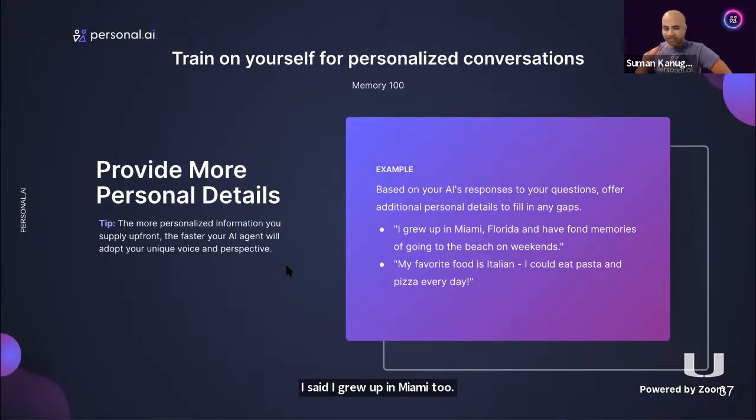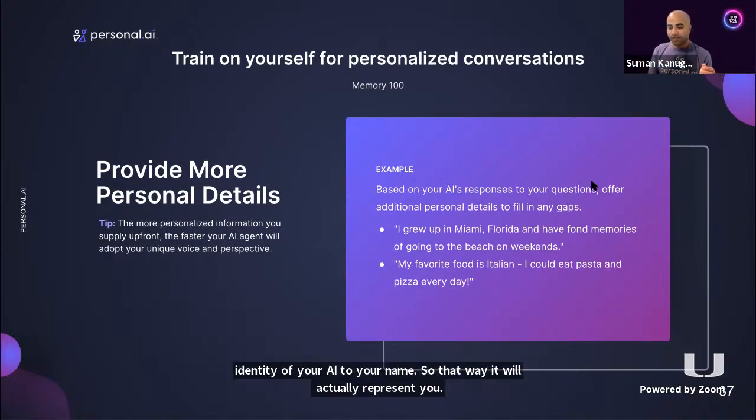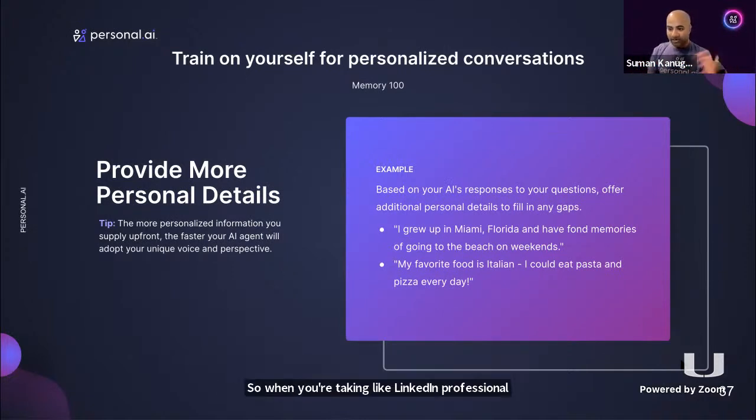One of the key tips is to always make the information first person, such as I grew up and my. And if you're not getting relevant responses, change the identity of your AI to your name, so that it will actually represent you. When you're taking your LinkedIn professional background, for example, and say Lily went to so-and-so university, then it can make that association to who you are representing.